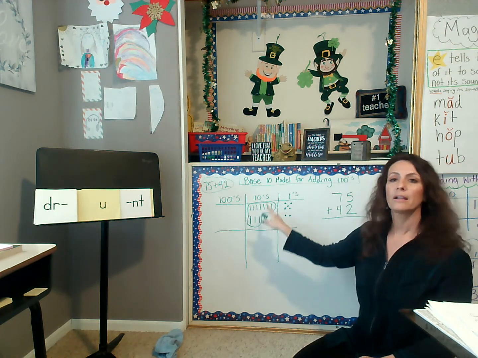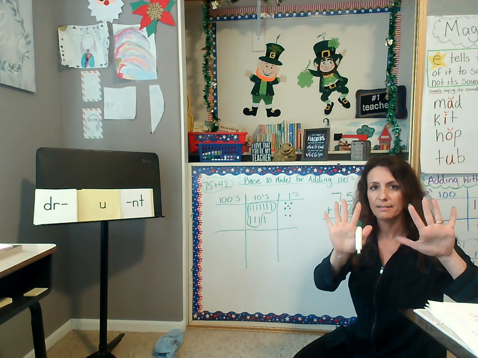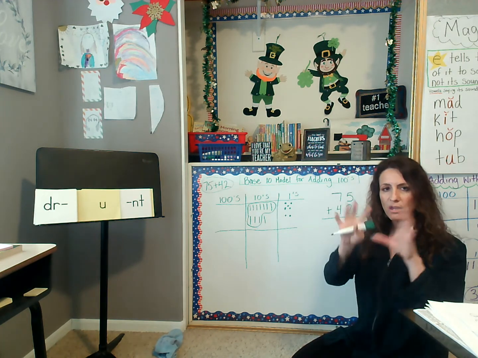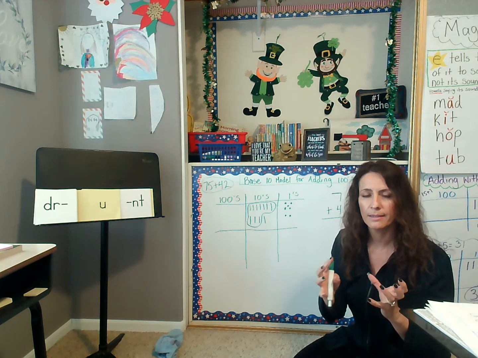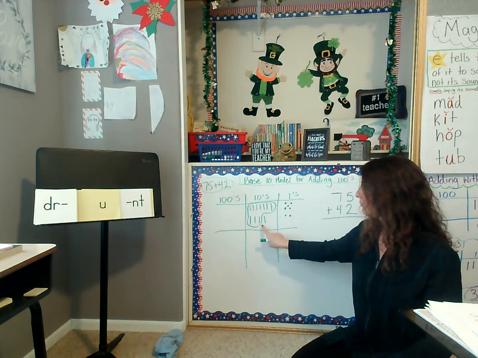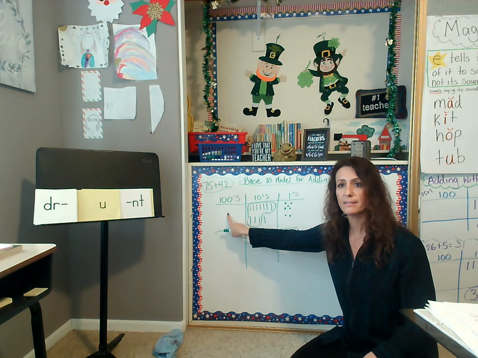Okay? We just grouped up 10 10s. 1, 2, 3, 4, 5, 6, 7, 8, 9, 10. When you have that group of 10, you have 100. You have 100 objects. Well, when we have 100 objects, we can put it into the hundreds place.